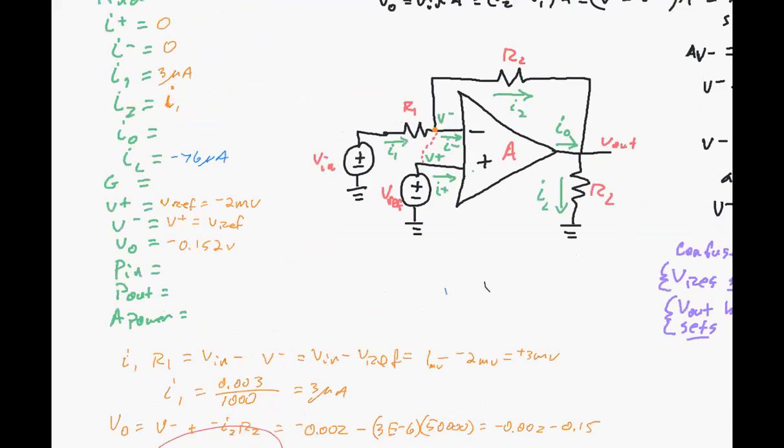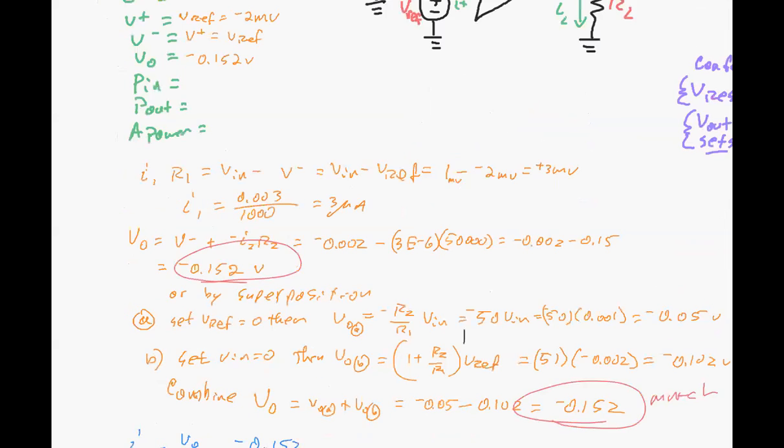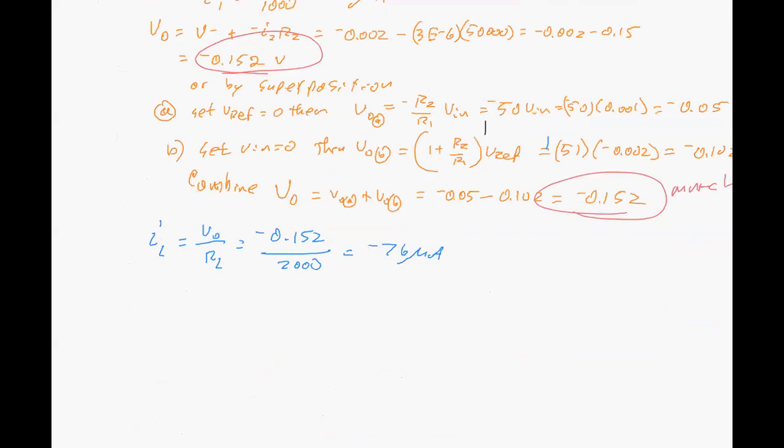And then we can find I out, which is this current right here. We can find I out by KCL from here and into there. So they will sum. IL is equal to I out plus I2. And we know I2, so then we can find I out. I out is IL minus I2.